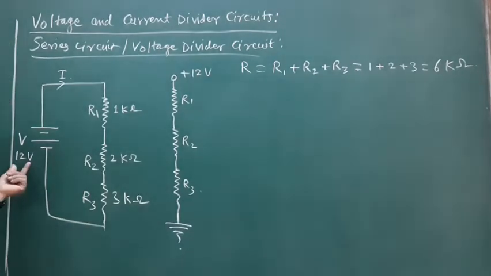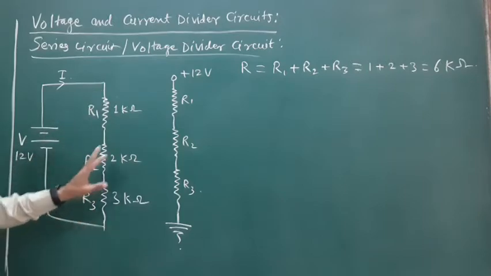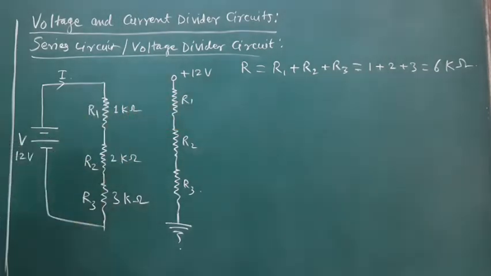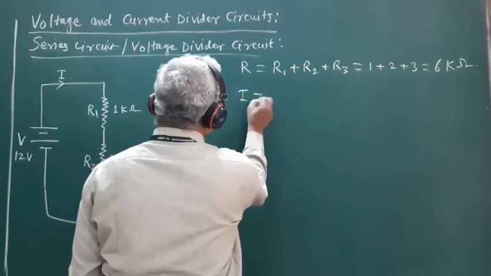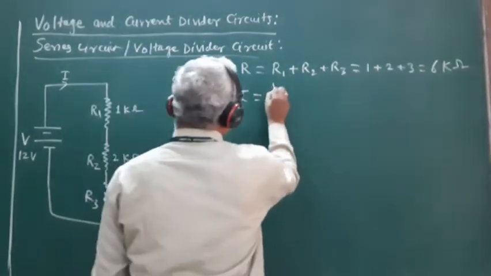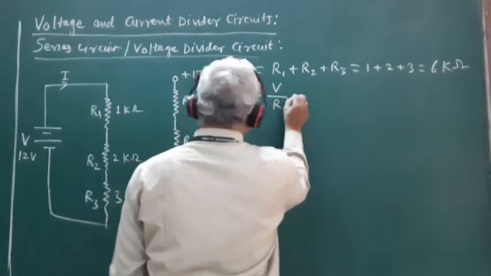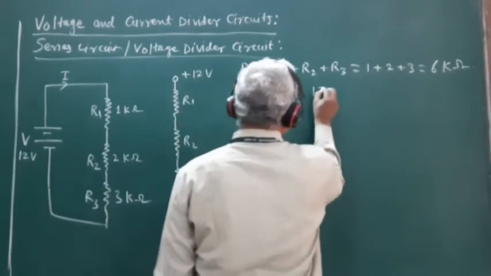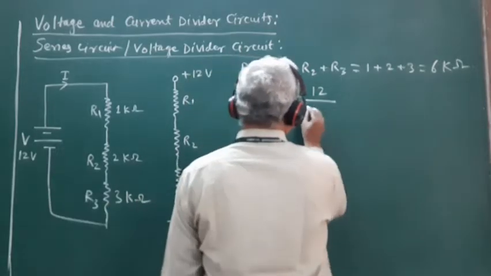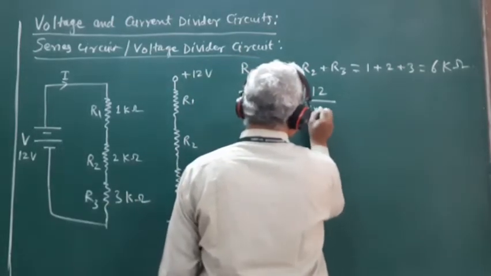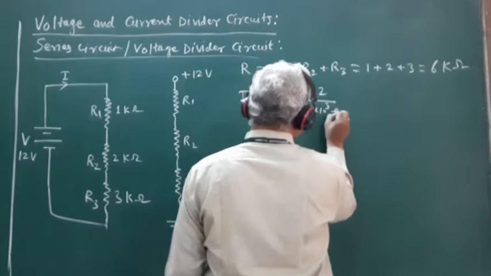So the applied voltage here is 12 volt and the total resistance of the circuit is 6 kilo ohm. So the total current I drawn from the source is nothing but equal to V upon R. So this is equal to 12 volt divided by the total resistance, 6 into 10 raised to 3 ohm.